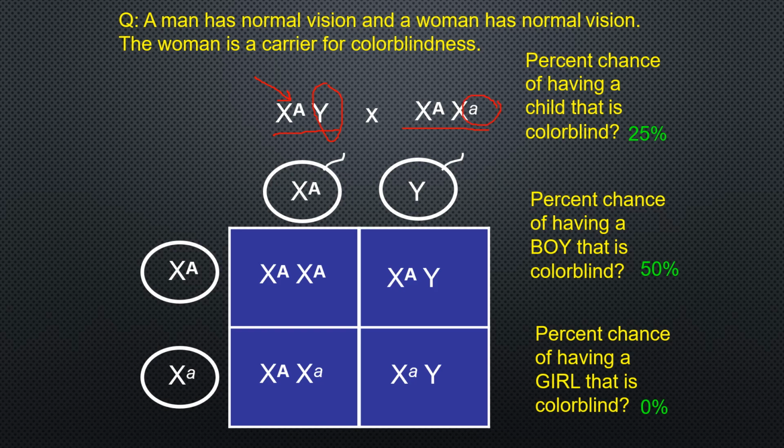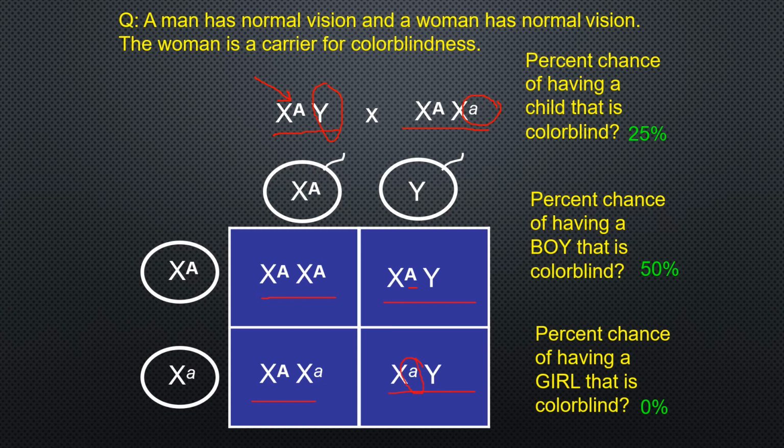So when we do the Punnett Square for their offspring, here we have a woman with no color blindness, another woman with no color blindness, a man with no color blindness, and a man with color blindness.